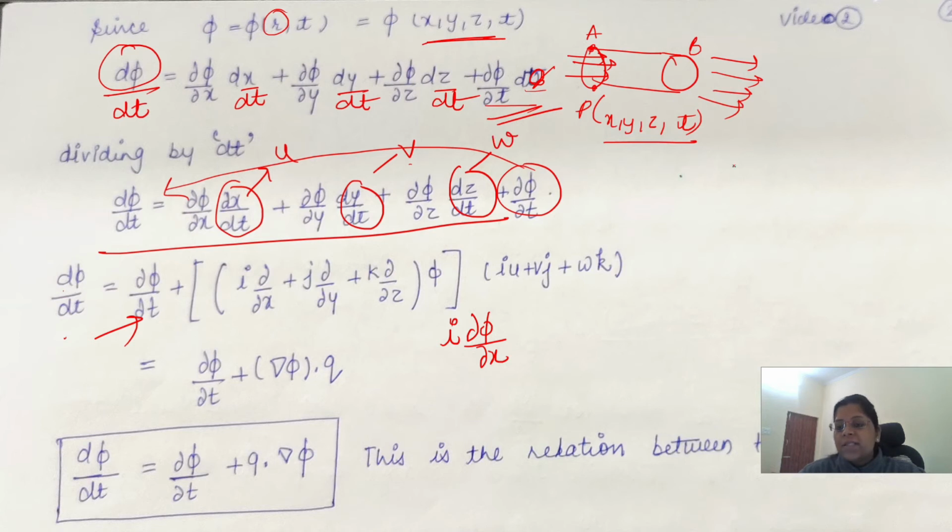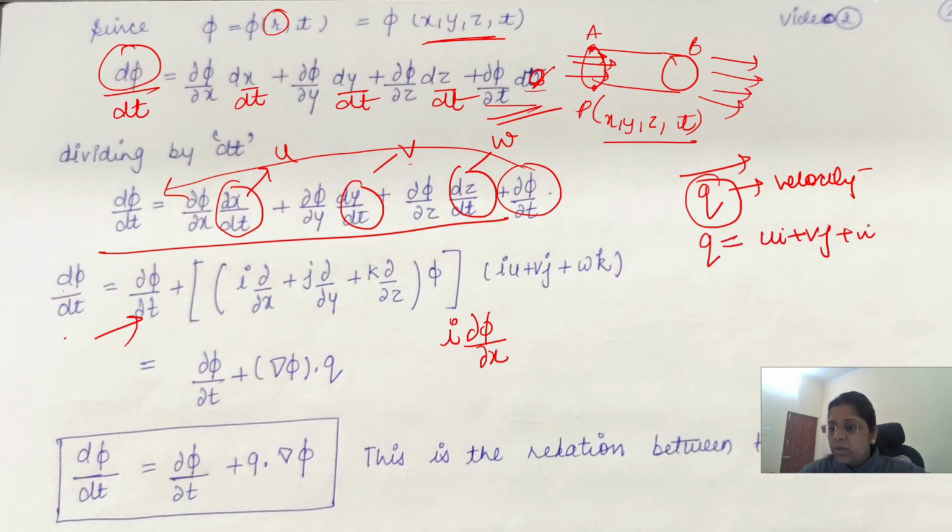If the fluid is moving, then it has some velocity, shown by q. The components of velocity can be represented as q equals ui plus vj plus wk. These are the components with respect to the x, y, and z coordinates.